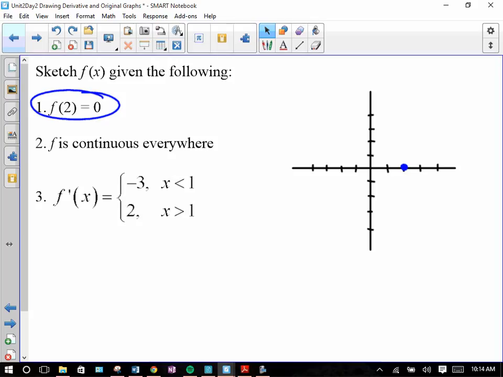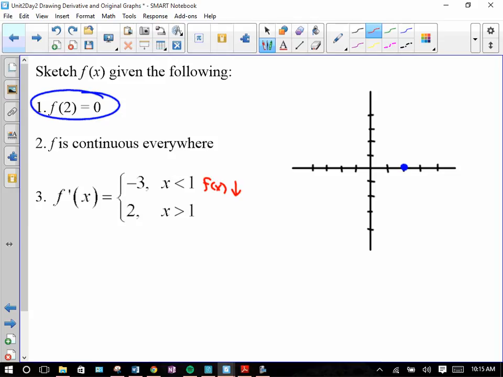It says that f is continuous everywhere, okay? And f prime of x is equal to -3 whenever x is less than 1. So that tells us a couple things. Since f prime of x is equal to -3 when x is less than 1, f of x is doing what?